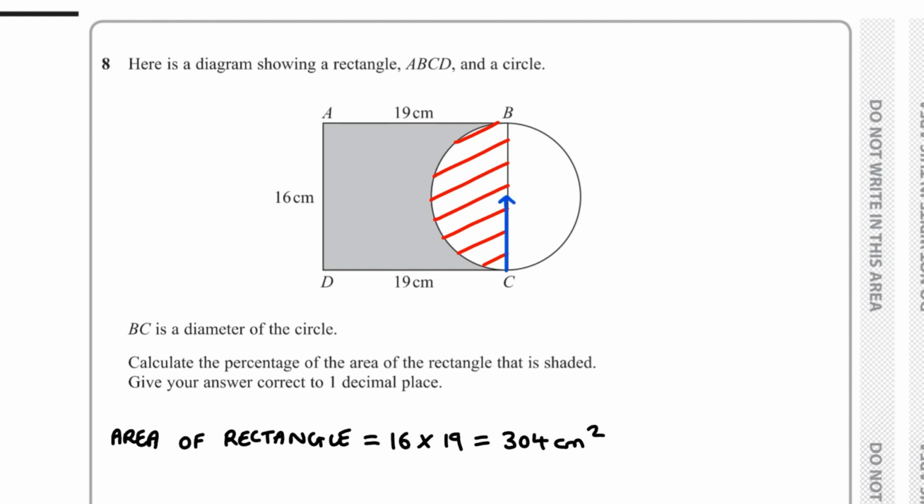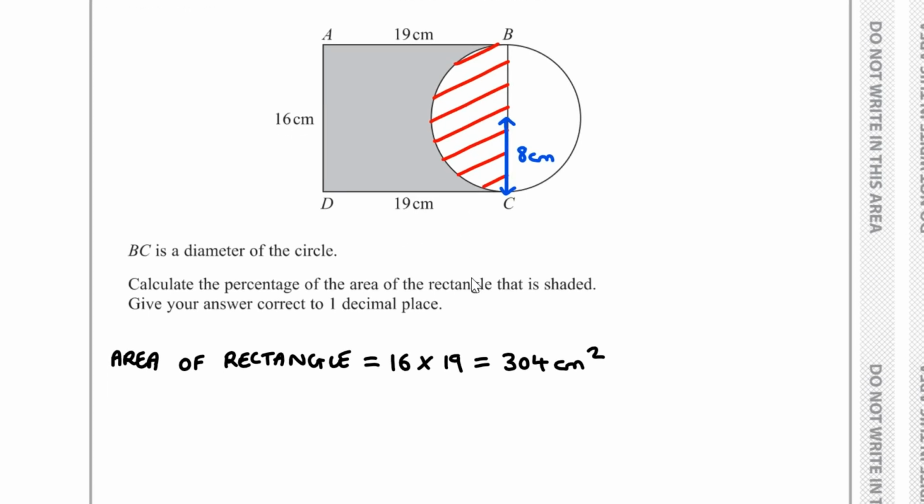So here we've got the radius, which is half of the 16, which is 8 centimeters. So therefore, the area of the semicircle is equal to 1/2 of the area of a circle. Now area of a circle is equal to pi r squared, so half of that we have half pi r squared.